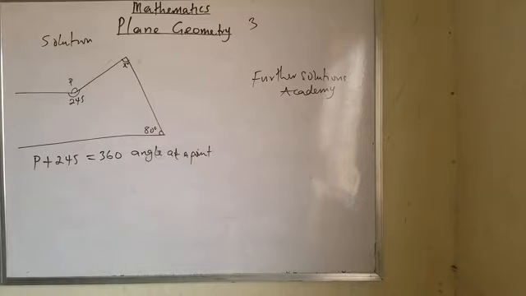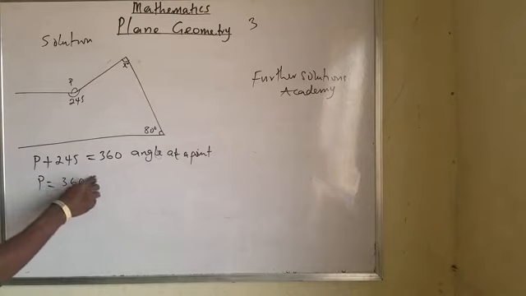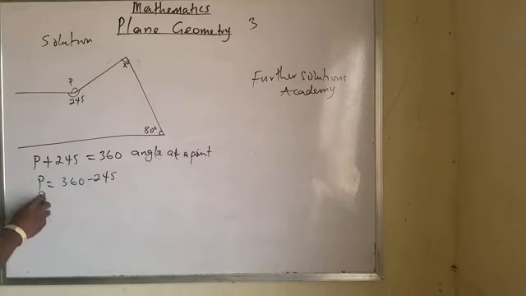That is the first step I will take. It means my P will be equal to 360 minus 245. My P will be equal to 115 degrees.